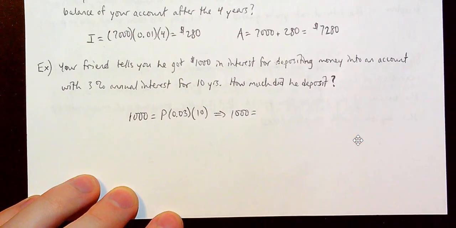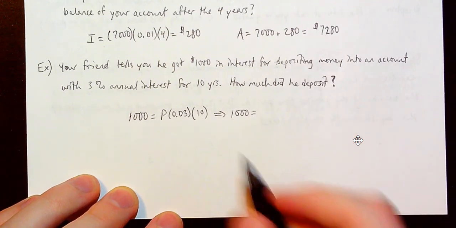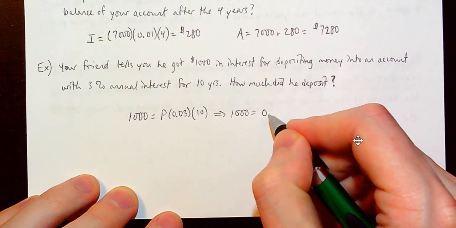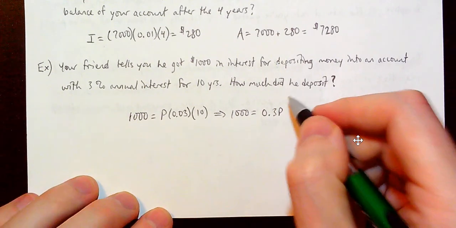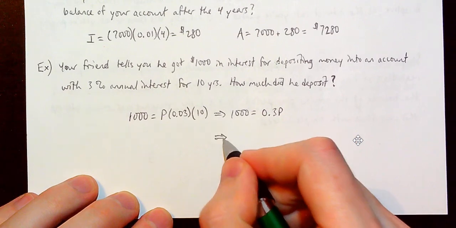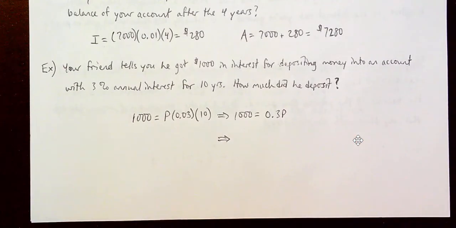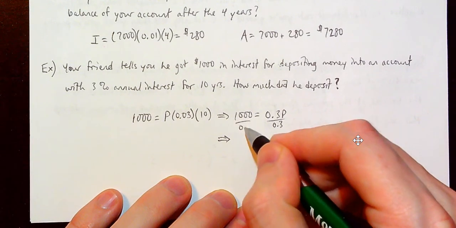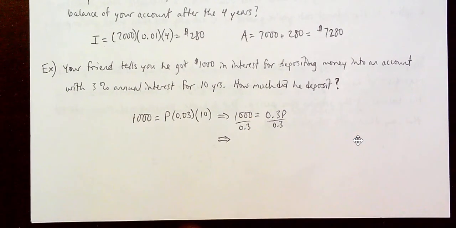Or 1,000 is going to equal 0.03 times 10 times P. It's going to equal 0.3P. And 1,000 equals 0.3P. I can divide both sides by 0.3. And I can use this to figure out how much money was put in at the beginning.